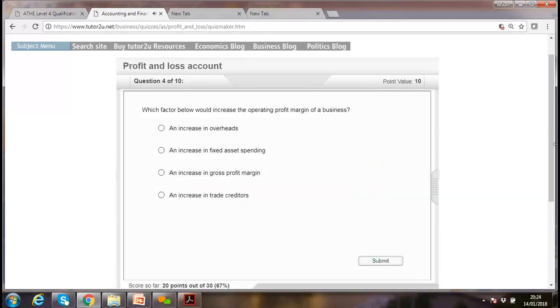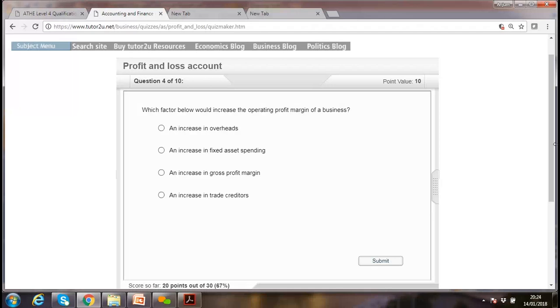Okay. Which factor below would increase the operating profit margin? Operating profit means after the gross profit, all overhead expenses are deducted, and then we get the operating profit. Operating profit means the running profit of the business. An increase in overhead will improve the profit. Increase in fixed asset spending will improve. Or an increase in the gross profit, because gross profit comes before the operating profit.